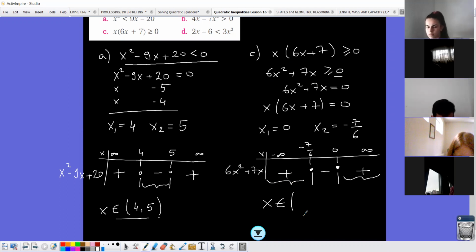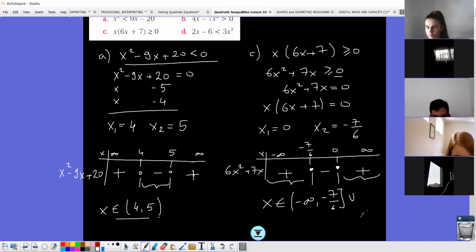Then how will the solution set be? Alexander, how will you write it? X is from minus infinity to minus 7 over 6. And will this parenthesis be closed or open? Closed, it's included, we said. Yes.